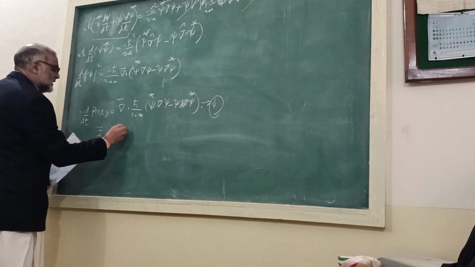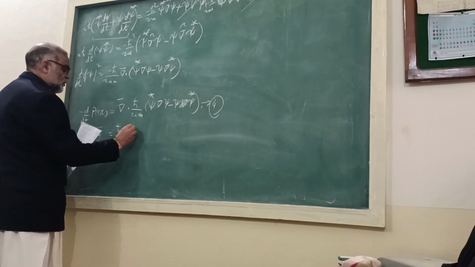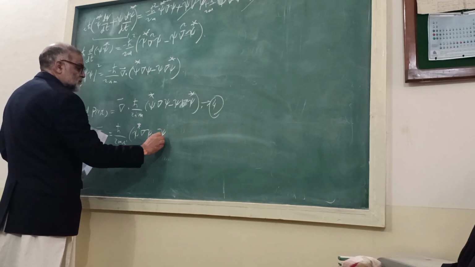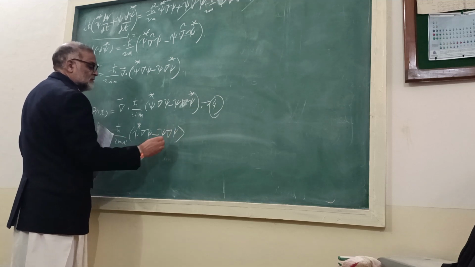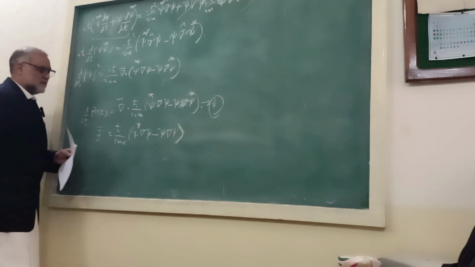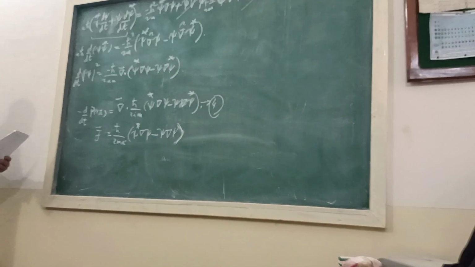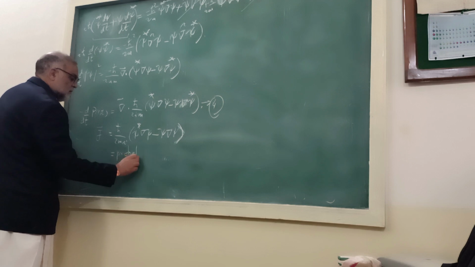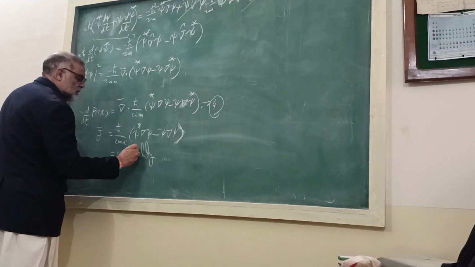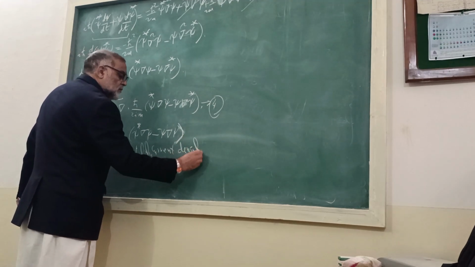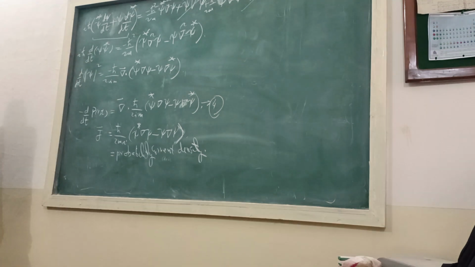This is the probability current density, J.